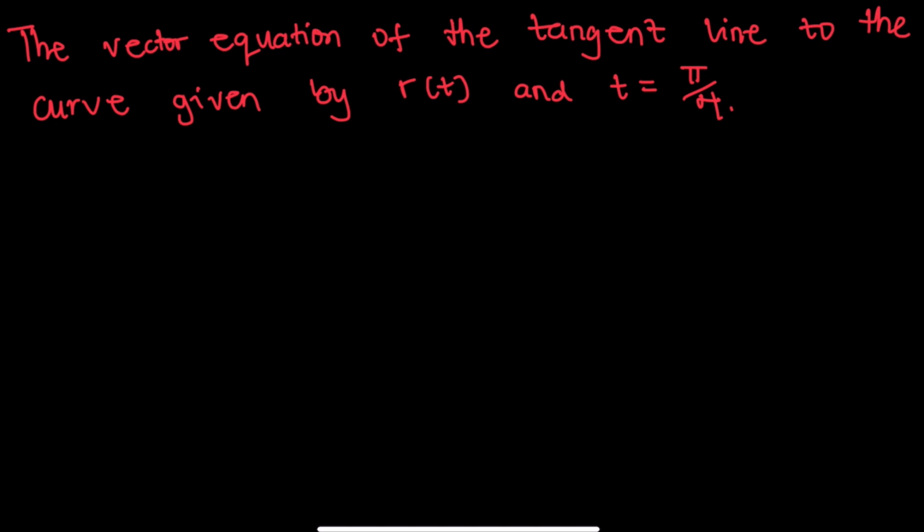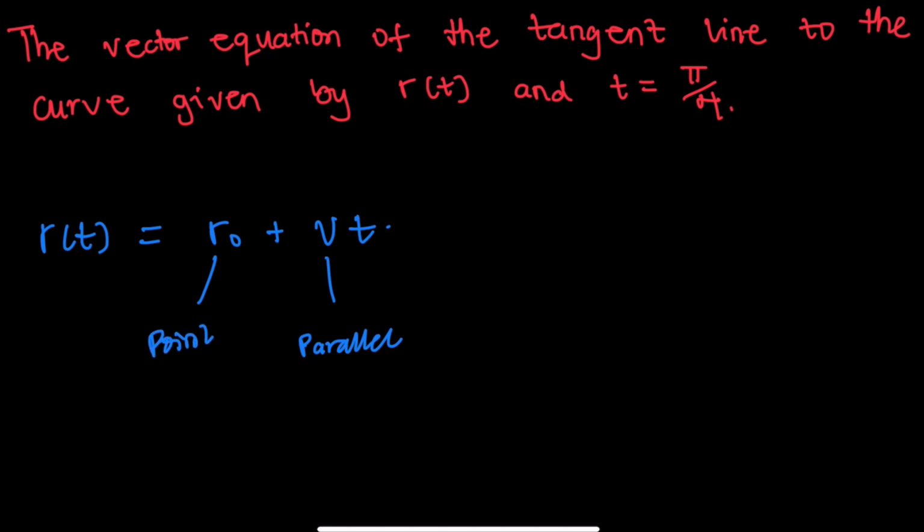With the last question, we have to find the vector equation of the tangent line to the curve given by r of t at t equal to pi on 4. We know that the equation of a line is given by r of t equal to r naught plus t v, where v is the parallel vector and r naught is a point on the line.